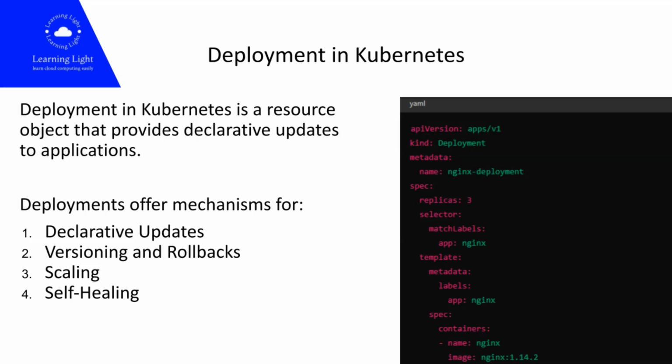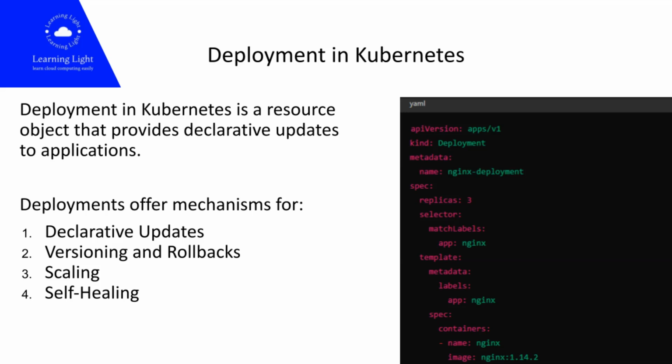You can scale your application up or down by adjusting the number of replicas. So it's a very easy peasy thing. You just specify the number of replicas you want, and the Kubernetes cluster is responsible for providing that many replicas to scale your application accordingly.